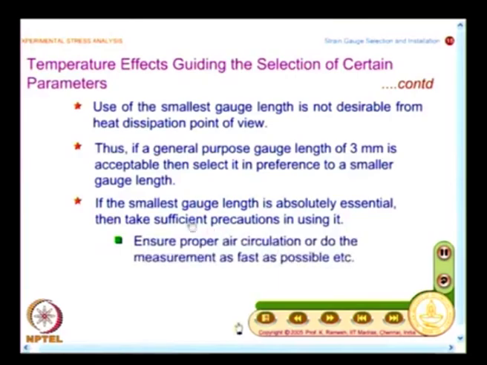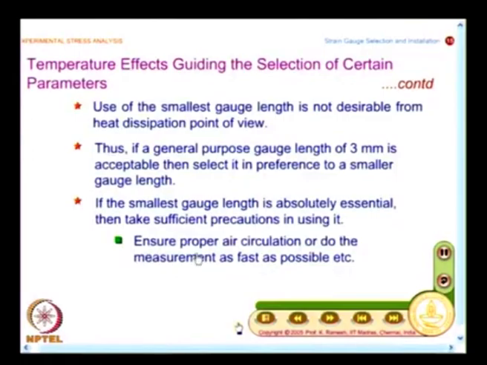On the other hand, if the smallest gauge length is absolutely essential, then take sufficient precautions in using it. You need to know the drawbacks when you use the smallest gauge length, and you need to take extra precautions to avoid problems due to heat generation or dissipation.